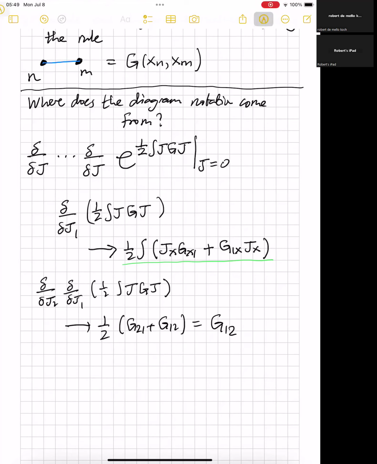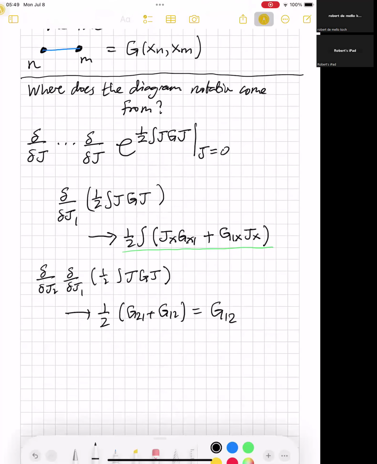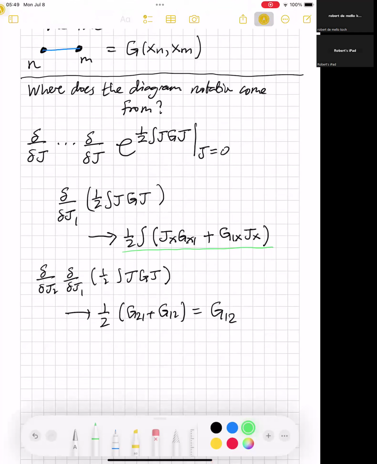So the point is, if you had set j equal to 0 in the first exponential, after taking one derivative, this vanishes. If j is equal to 0, this, however, is non-zero at j equal to 0.